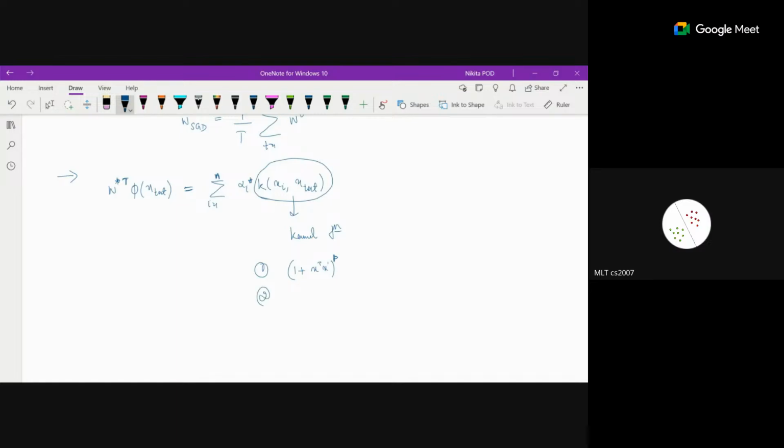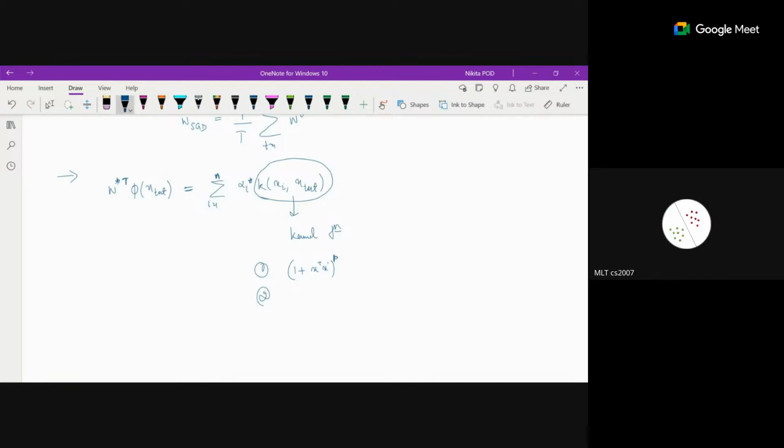So what was the other kernel function that you know? Gaussian kernel, right?